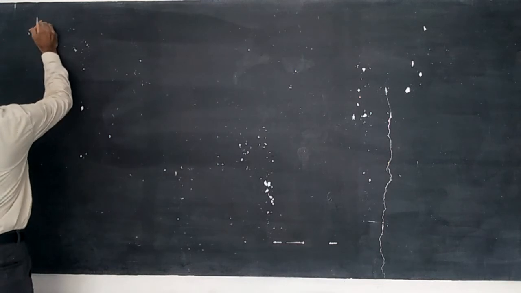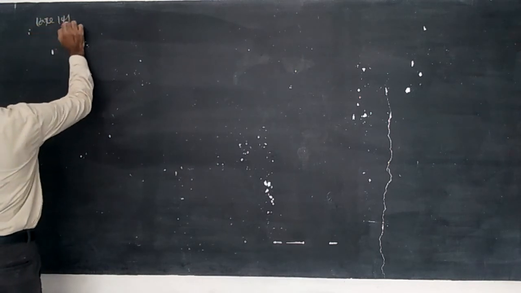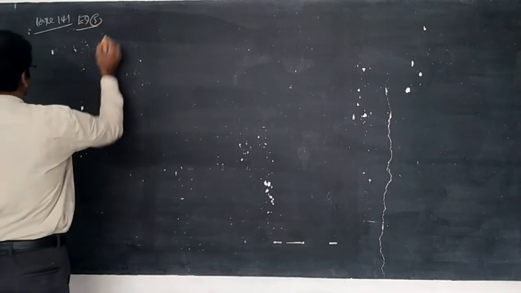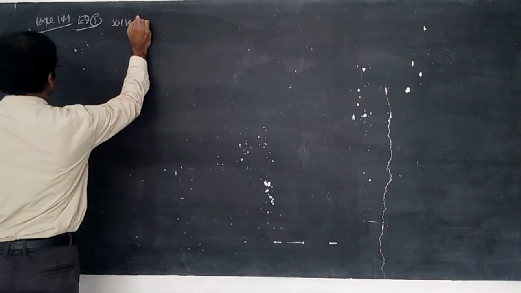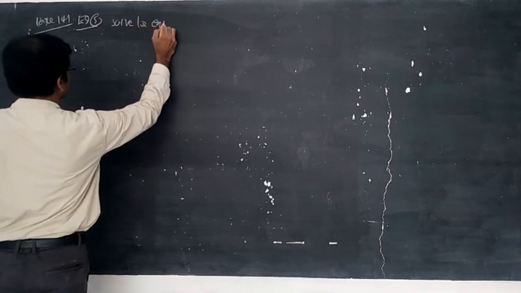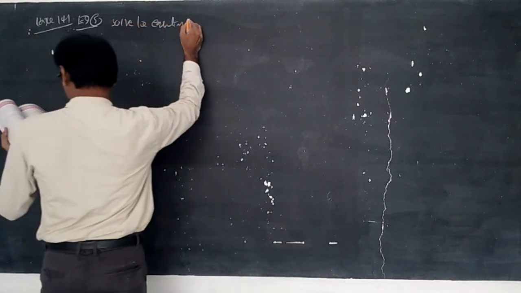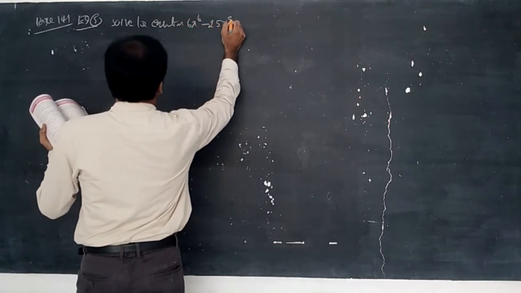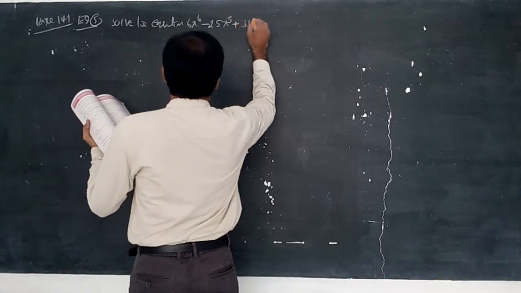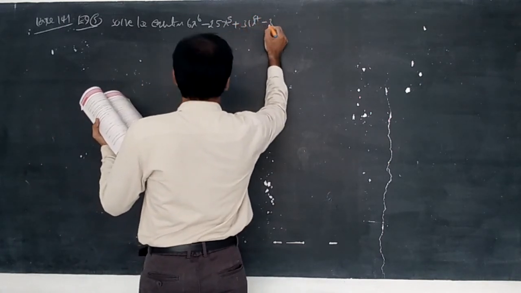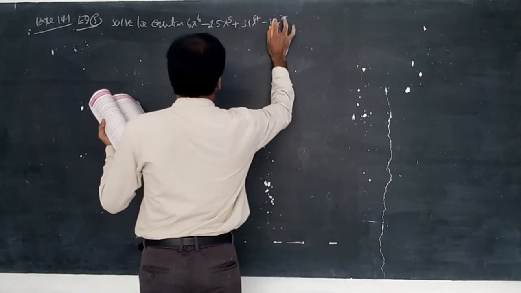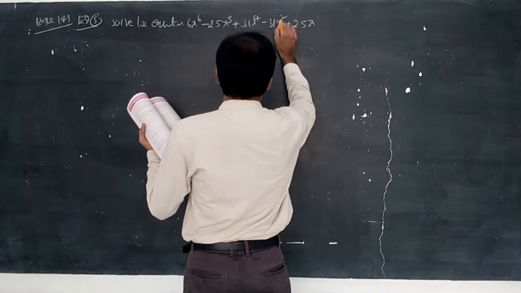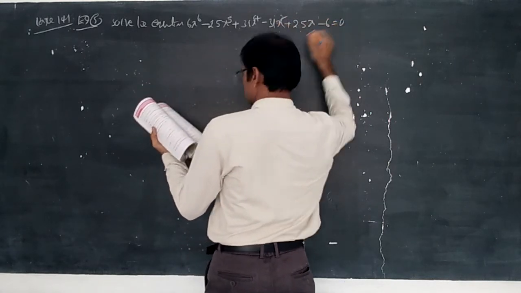Solve the equation 6x power 6 minus 25x power 5 plus 31x power 4 minus 31x square plus 25x minus 6 equal to 0.